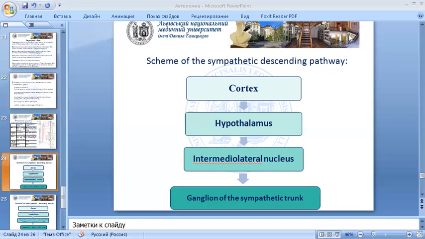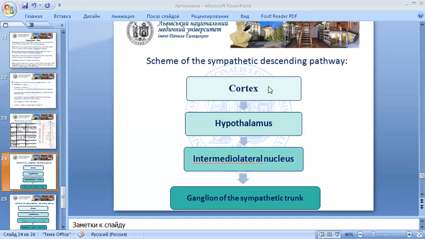The fourth neuron lies in the ganglion of the sympathetic trunk, and its axons pass via the vessels to the organ, or create the ramus communicans griseus and pass to the organs which they supply.